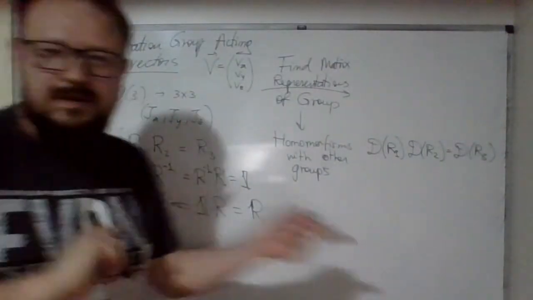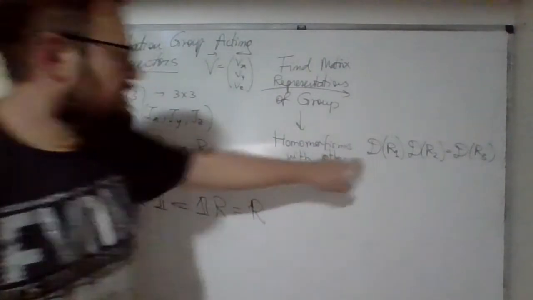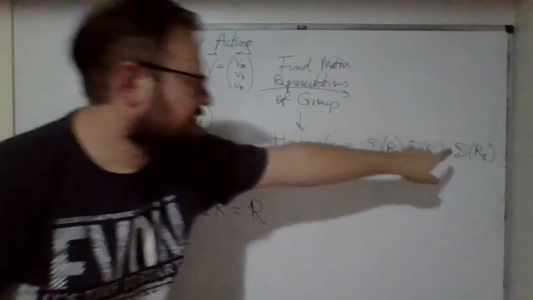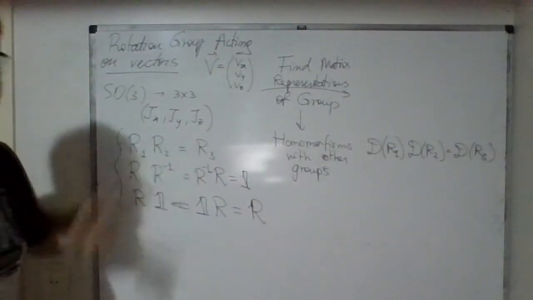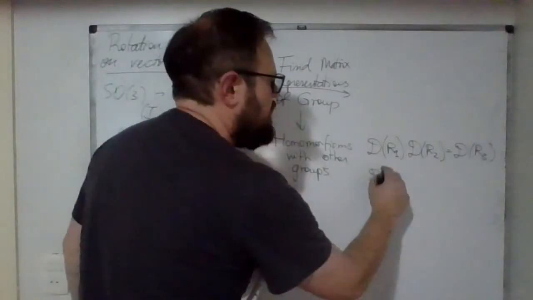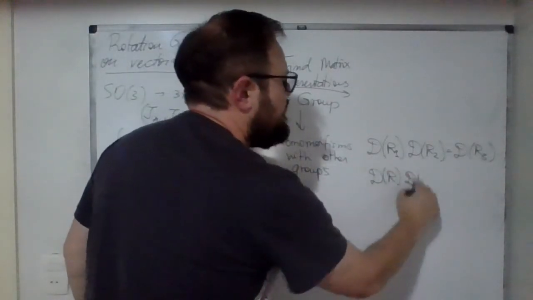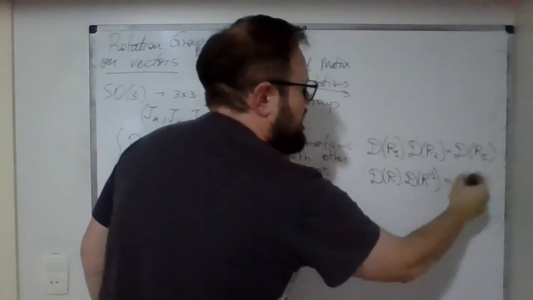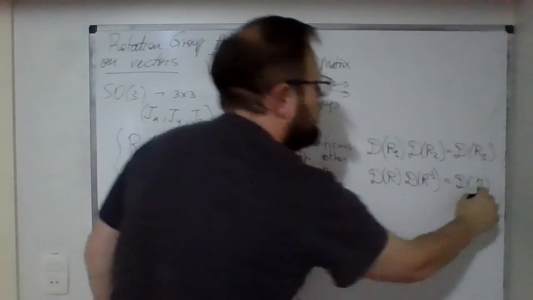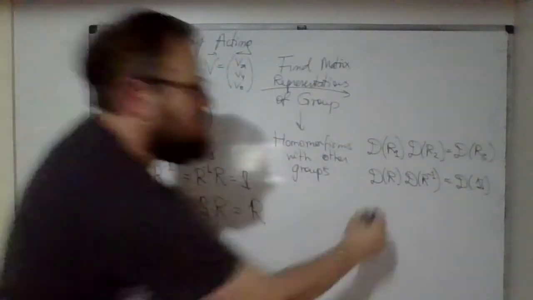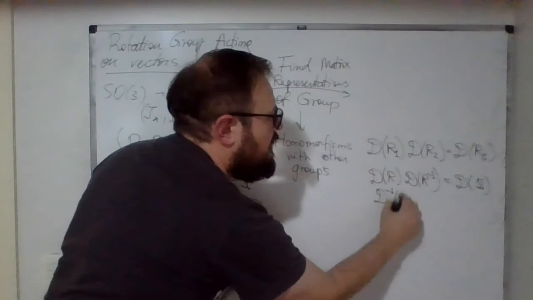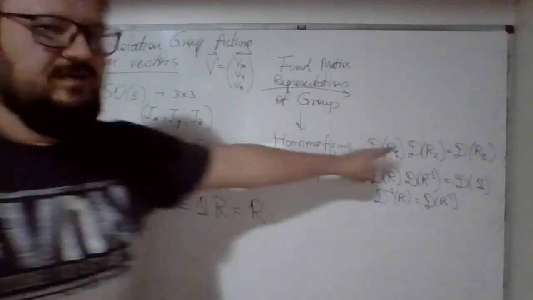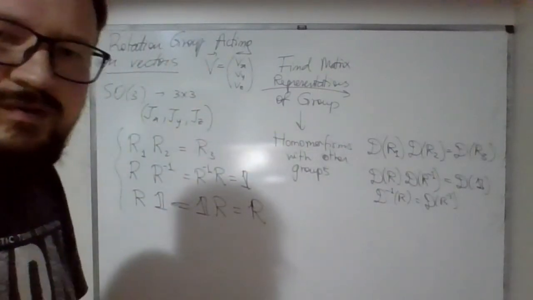So you need to map: this element corresponds to R1, this element corresponds to R2, and that element corresponds to the resulting rotation. Of course, you'll have to have an inverse, which is the identity here, and also D of R inverse is D of R to the minus 1, a property which is usually valid.